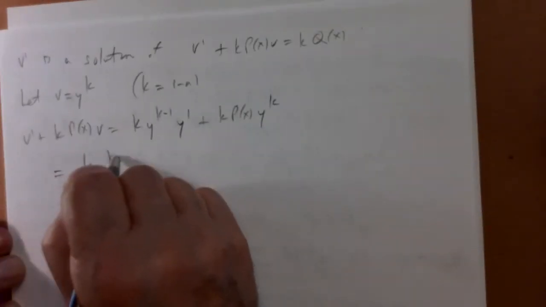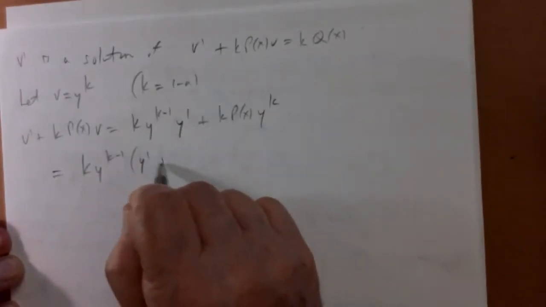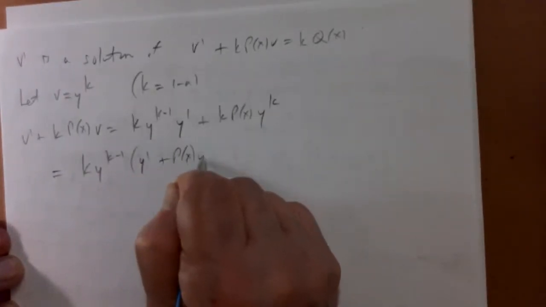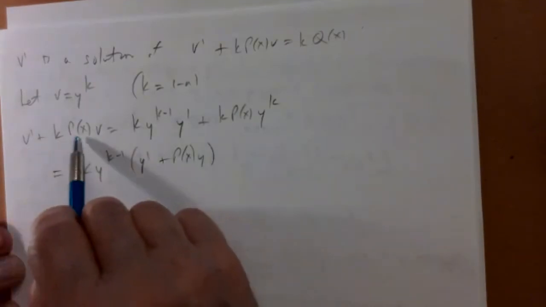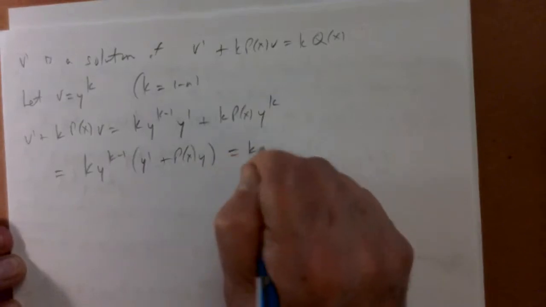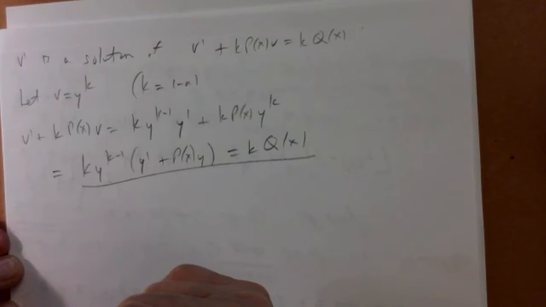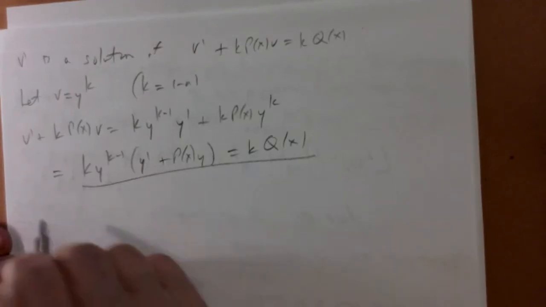If you factor out k y to the k minus 1, you get y prime plus p of x y. Of course, v prime plus k p of x v is equal to k q of x. You can divide by k because it's non-zero.